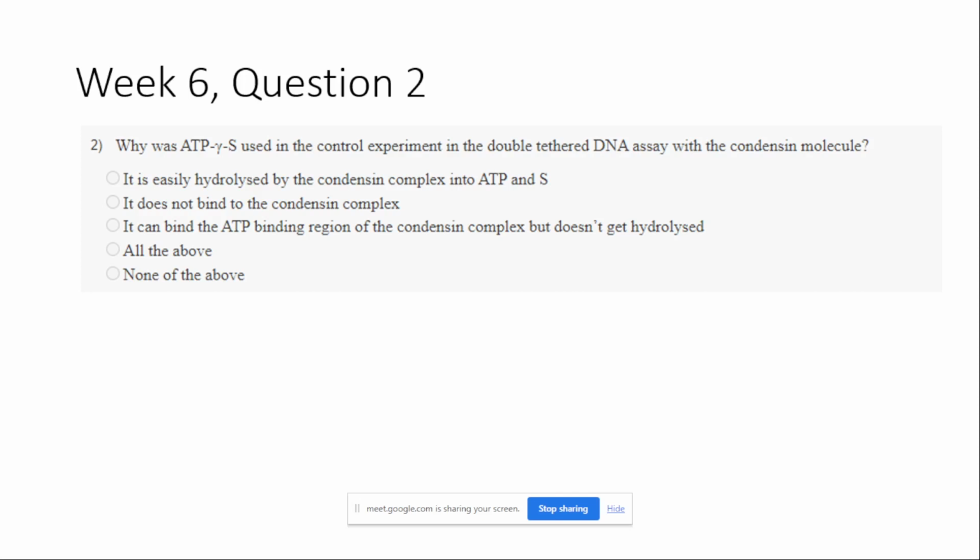Anyone want to try? Can you guess anything from these options? It is easily hydrolyzed by the condensin molecules into ADP and Pi. Any idea from this option?